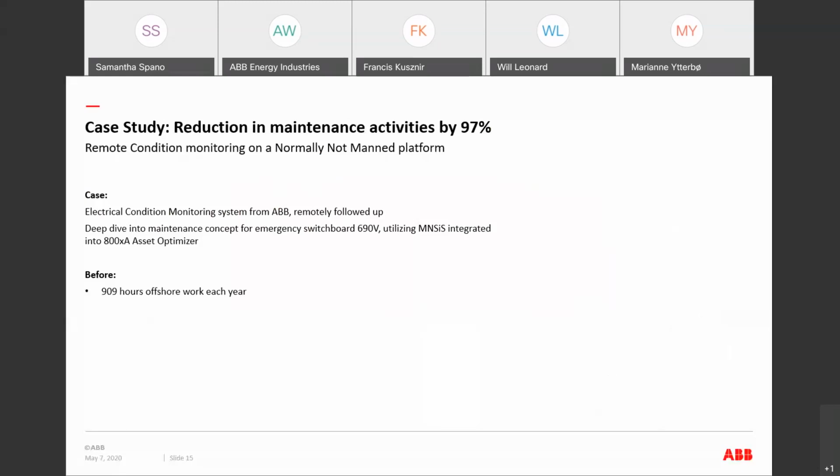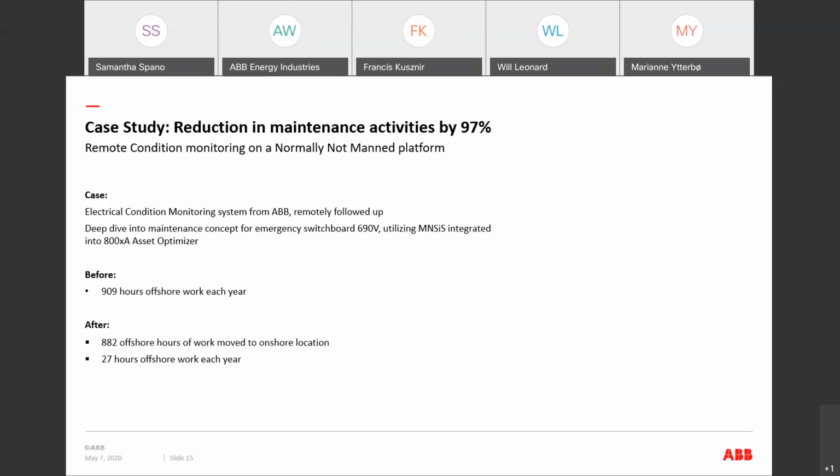And then what they did was go through all of the inspection and maintenance activities and check whether that activity was there to observe something that was already covered by the monitoring system. And the result was quite significant.